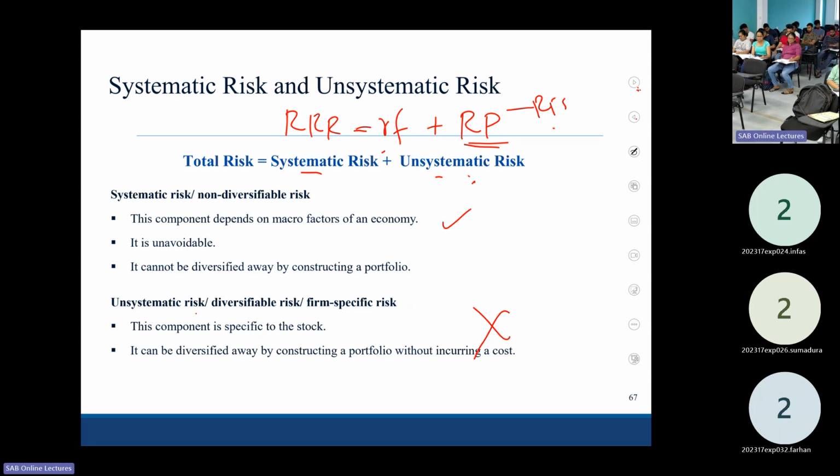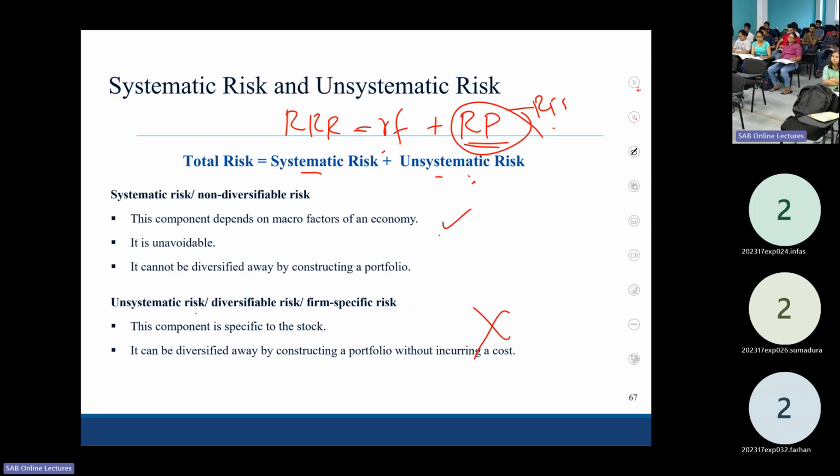The component depends on macroeconomic factors: GDP, political instability, terrorist attack. These come from uncontrollable, unavoidable sources. It cannot be diversified by constructing a portfolio. Therefore, investors should have some risk premium for bearing this systematic risk.